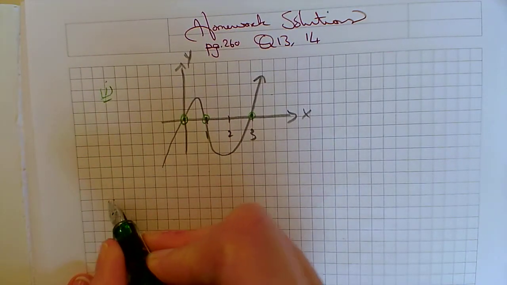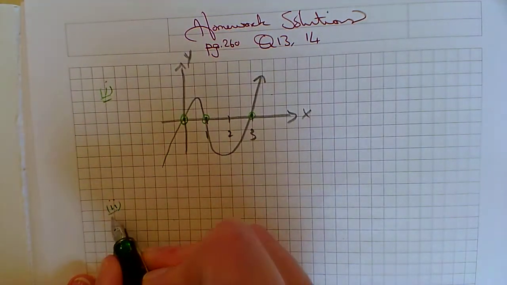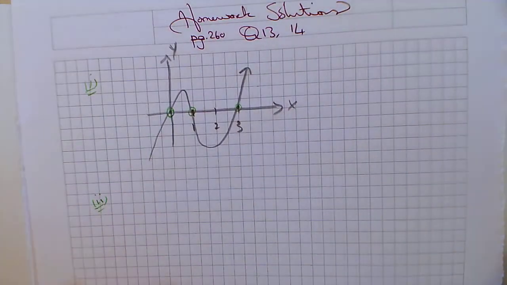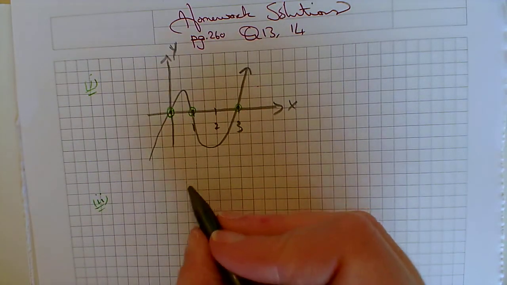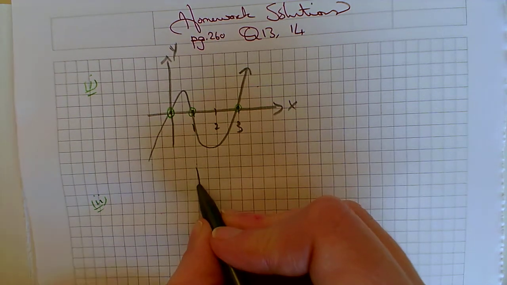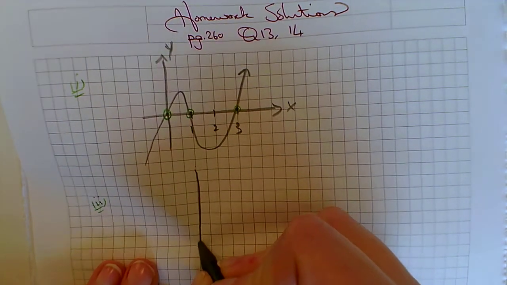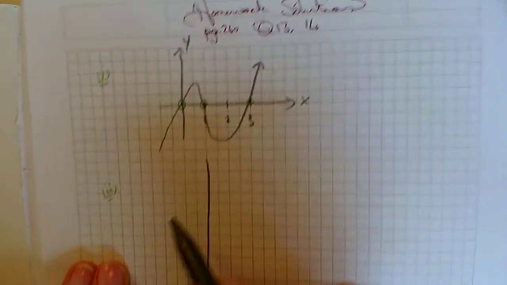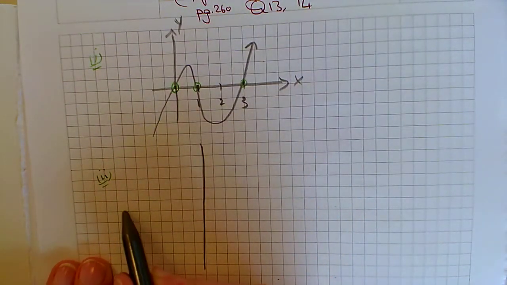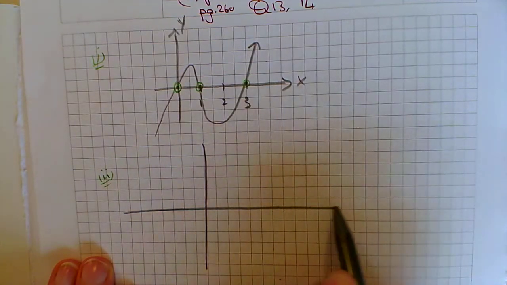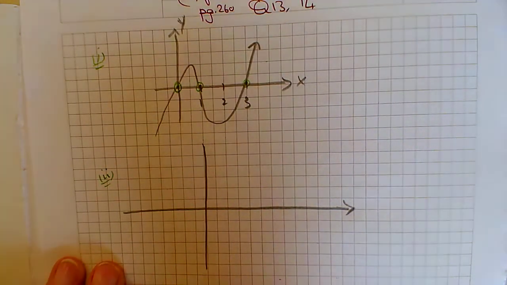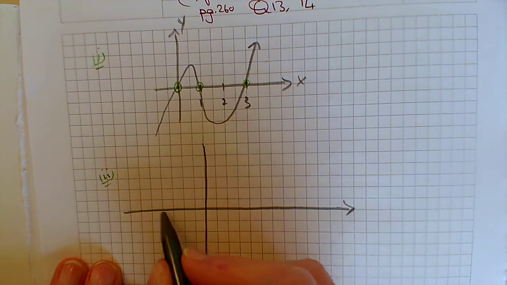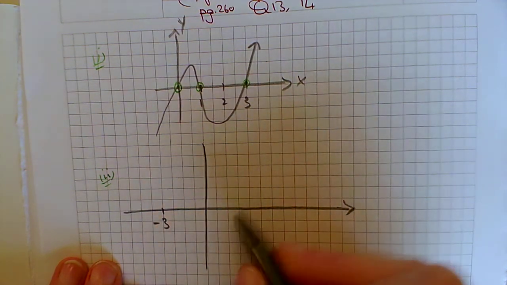Okay, so let's fill in those 4 points and draw in the shape. We need to go up as far as 6 on the y-axis. And I'm not even using a ruler for a sketch, and that's fine. I mean, it's not great if you're in a test. I'd hope you'd use a ruler, to be honest. But it's fine for homework. We need to go back as far as -3.